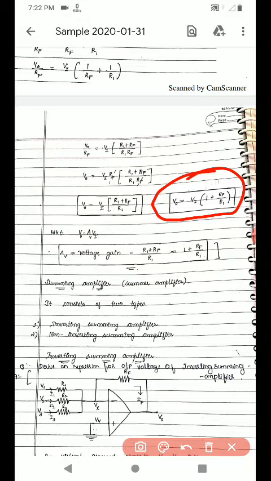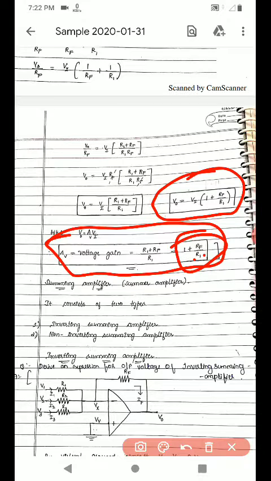In terms of voltage gain, AV equals 1 plus Rf divided by R1. Here the plus sign indicates the input is given to the non-inverting terminal. These are some of the introduction about how the voltage gain works, what the inverting and non-inverting voltage gains are, all those things.